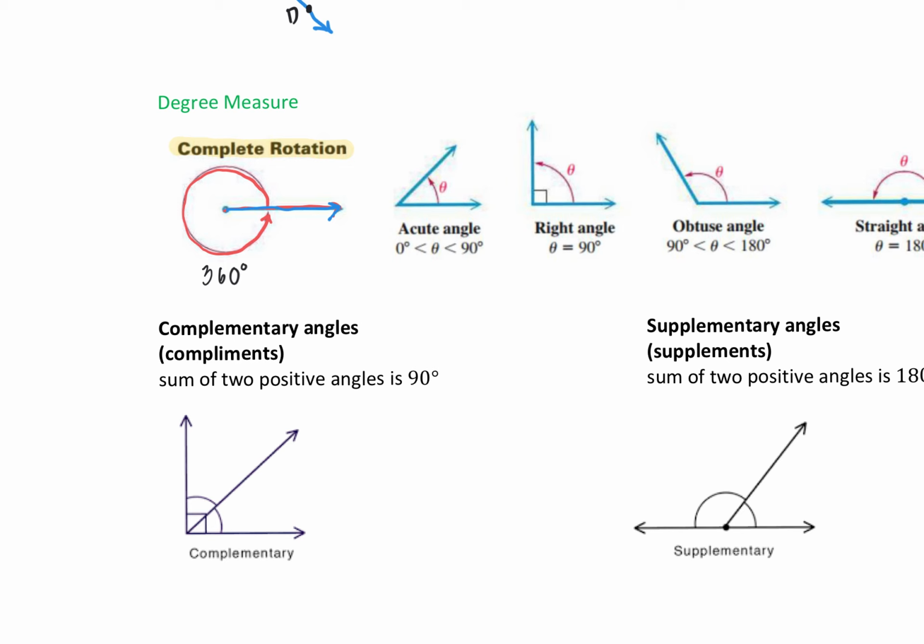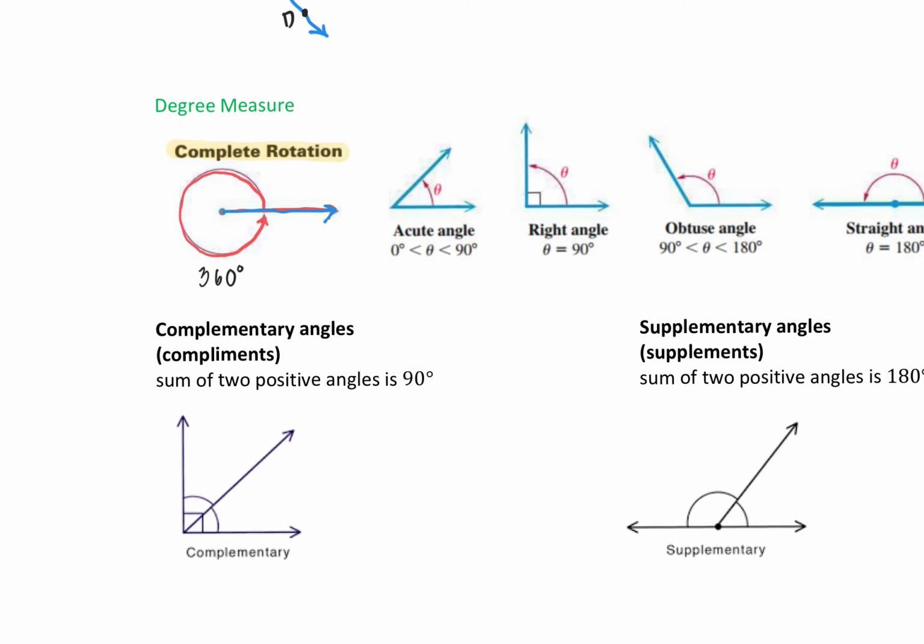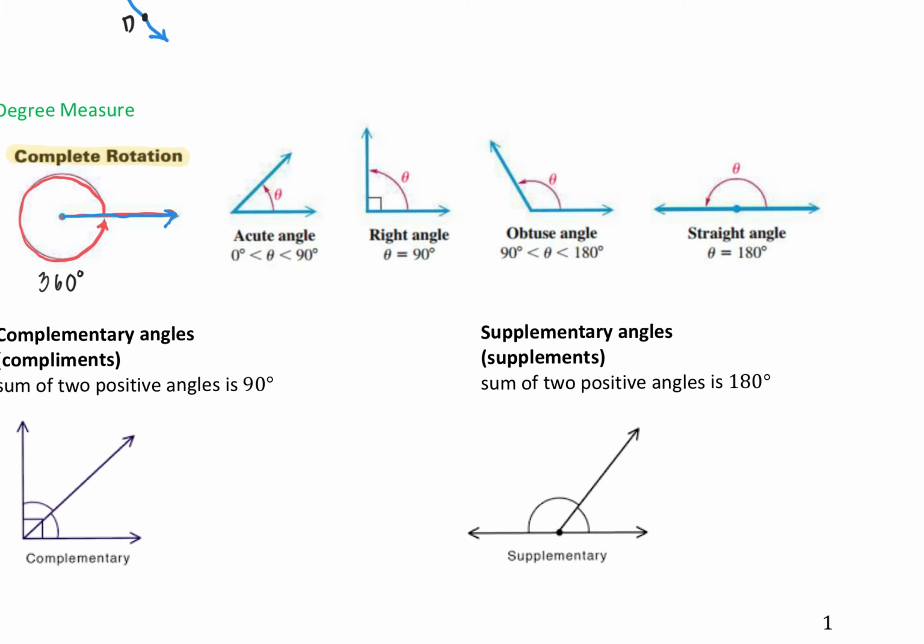Other common angles that we'll see would be what we call an acute angle. This is where the angle measurement is going to be between 0 degrees and 90 degrees. If you have an angle that's exactly 90 degrees, that's what we call a right angle. The right angle notation is this little box.